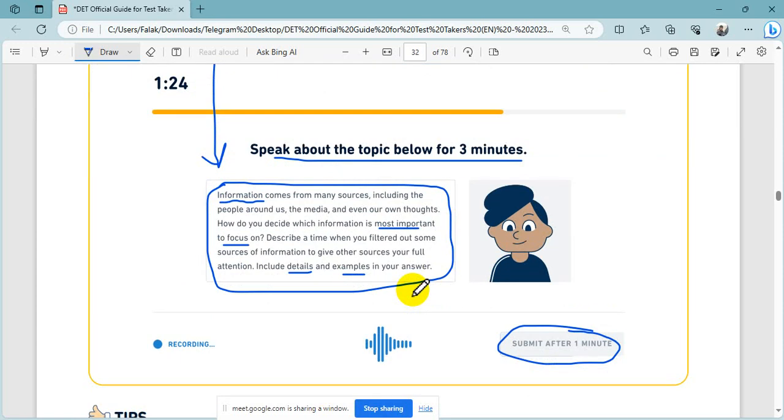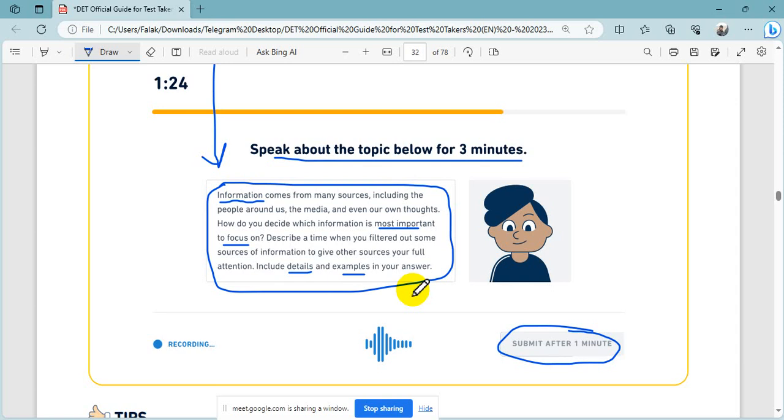Information comes from many sources, including the people around us, the media, and even our own thoughts. How do you decide which information is most important to focus on? Describe a time when you filtered out some sources of information to give other sources your full attention. Include details and examples in your answer.